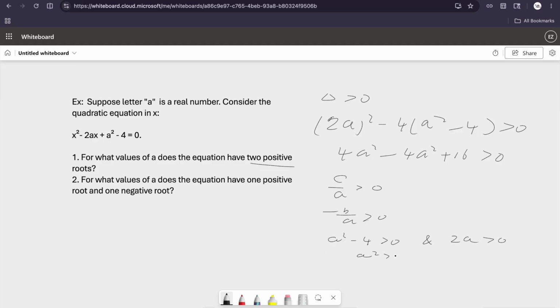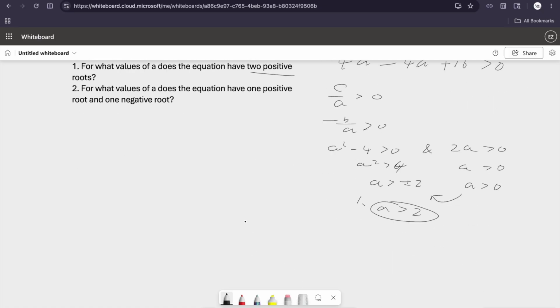So we write a squared bigger than 4, and a should be bigger than 0. So we combine these two, and we get a should be bigger than 2, since minus 2 is smaller than 0. So a bigger than 2 is our first part answer.